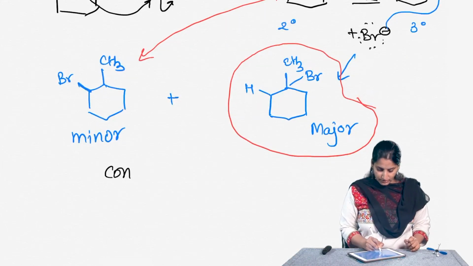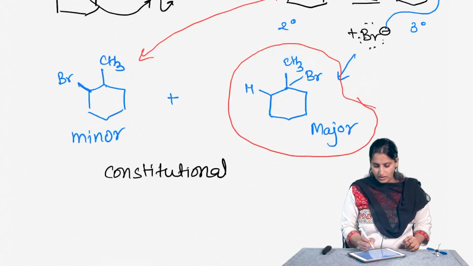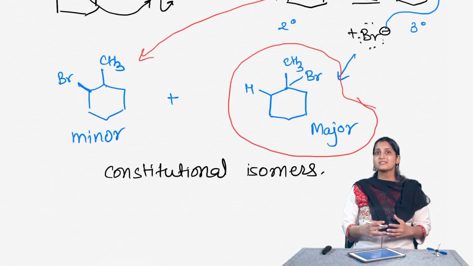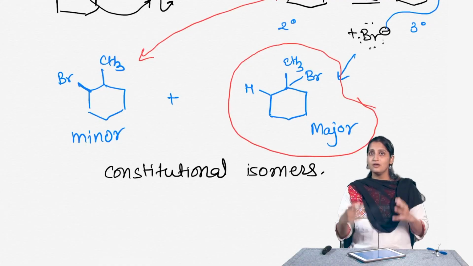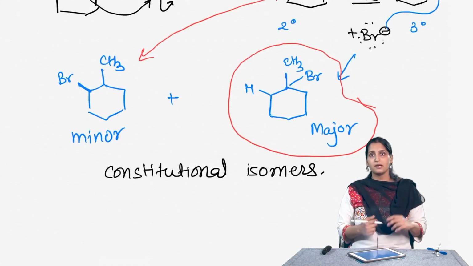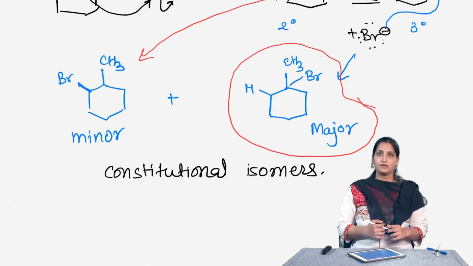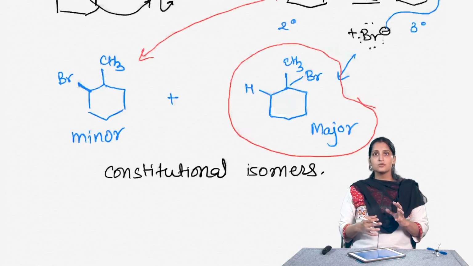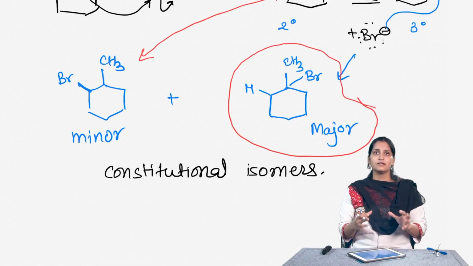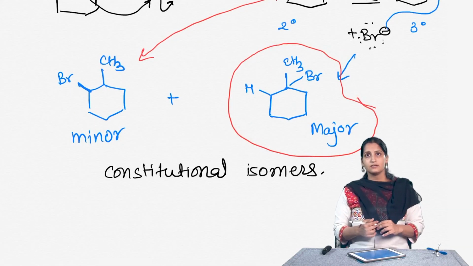So, we have looked at different isomers. What is the relationship? They are constitutional isomers. Why? Because they have the same molecular formula, but different structural formula, their connectivity is different. So, the constitutional isomers differ in the way their atoms are connected.